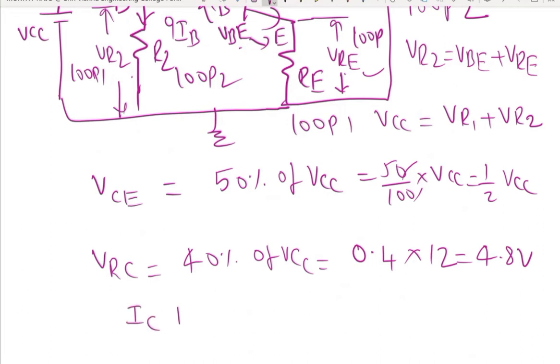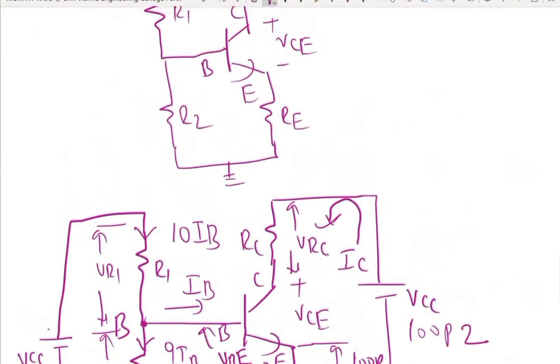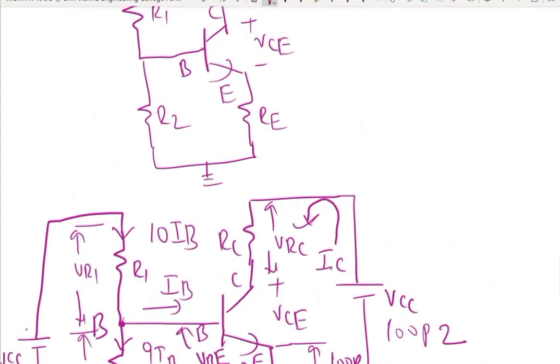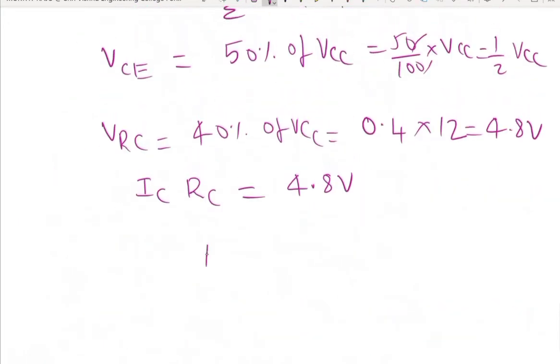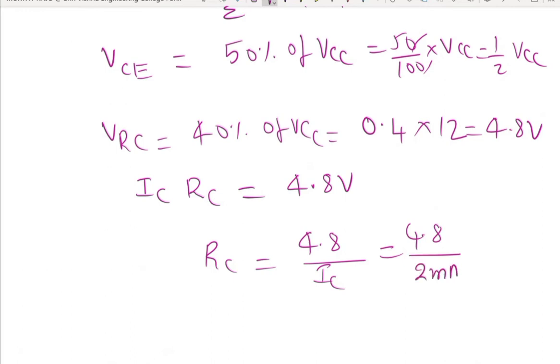VRC is equal to IC into RC, because the current flowing through this RC is IC. Therefore, RC is equal to 4.8 volts by IC. 4.8 by IC, which is 2 milliamps, is equal to 2.4 kilo ohms, approximately 2.2 kilo ohms.